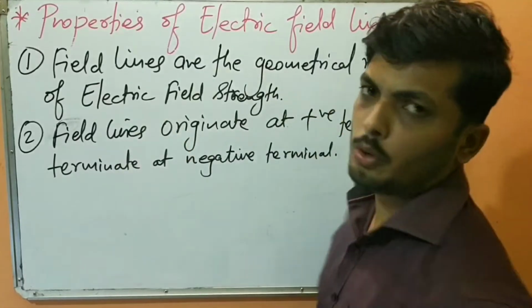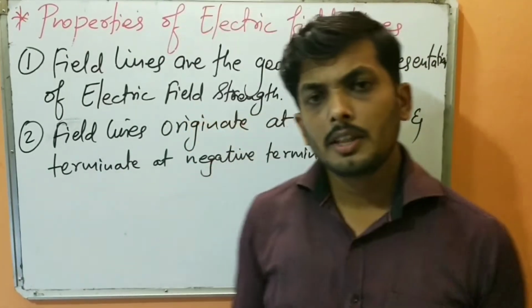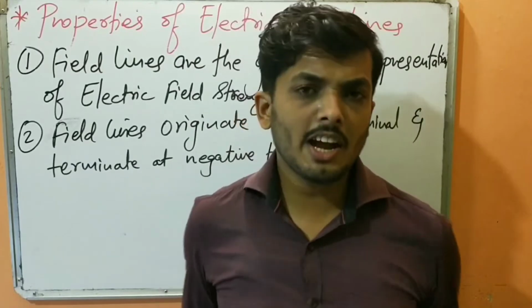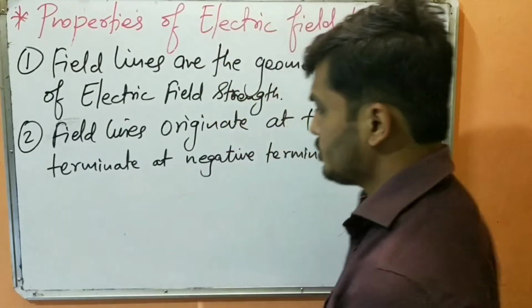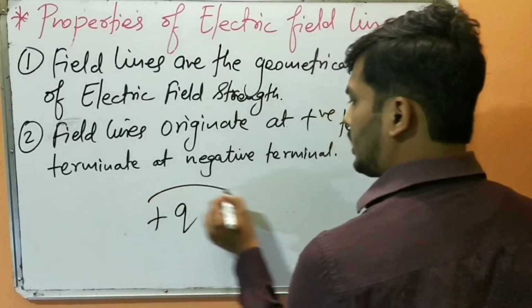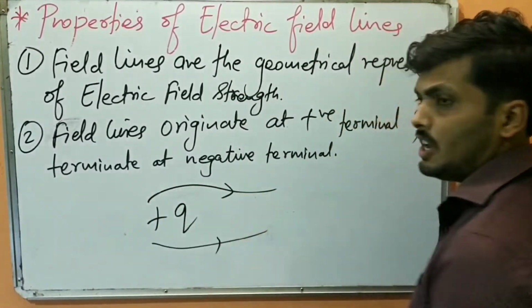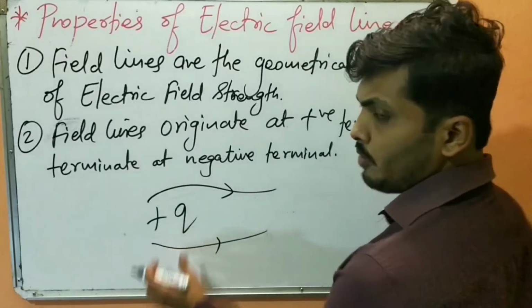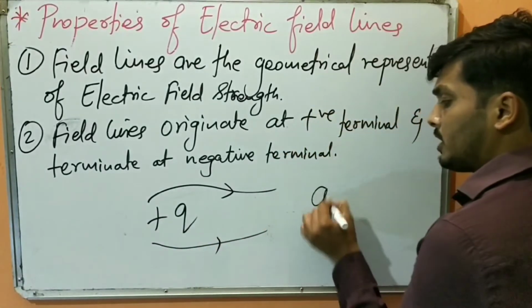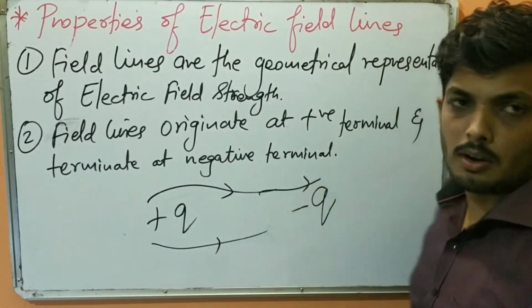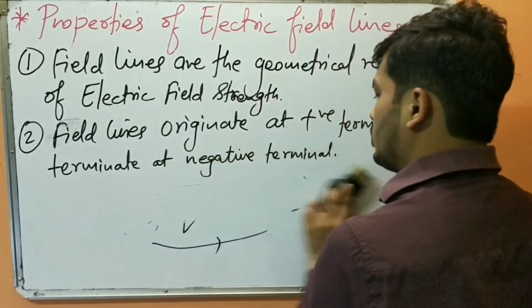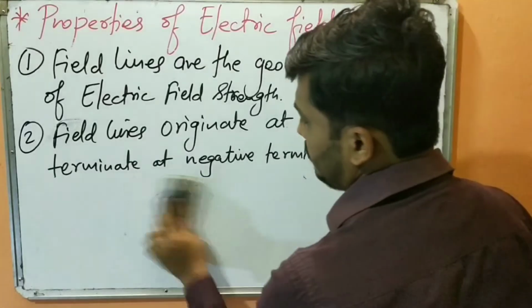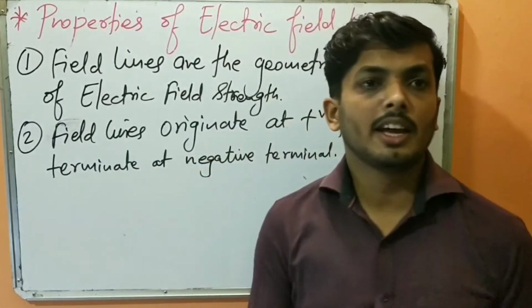As you have seen earlier, the electric field lines originate at the positive terminal and terminate at the negative terminal. You have seen that for plus Q, the electric field lines are always radially outwards. So they originate from positive and terminate at the negative terminal. Are you understanding? Second property: electric field lines originate at the positive terminal and terminate at the negative terminal.